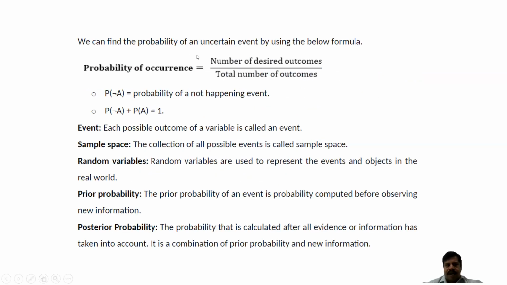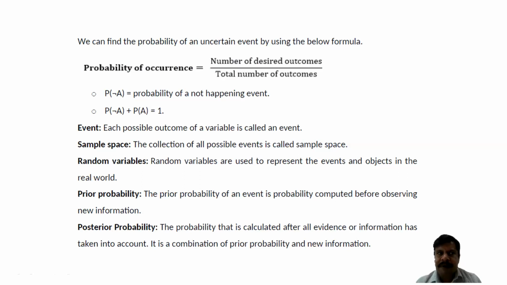Next, we can find the probability of an uncertain event with a formula. The probability of occurrence of an event is equal to the number of desired outcomes, which are favorable in the event, divided by the total number of outcomes. For example, if I throw a dice, the dice has 6 faces. Each face is marked with a different number of dots. So the total number of outcomes for the upper face is 6.